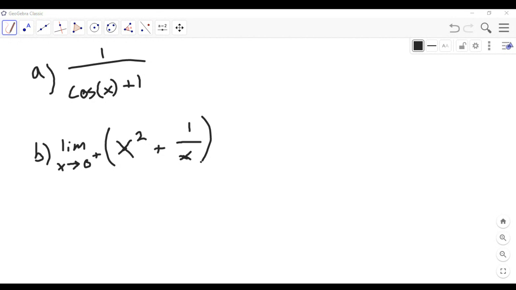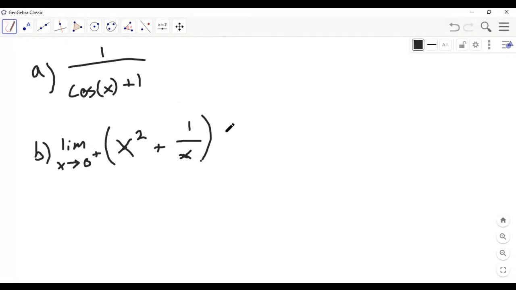Has anyone looked at B yet? B is positive infinity. Good job. So let's actually go ahead and take a look at A, because I feel like this one was maybe tripping you guys up a bit more.